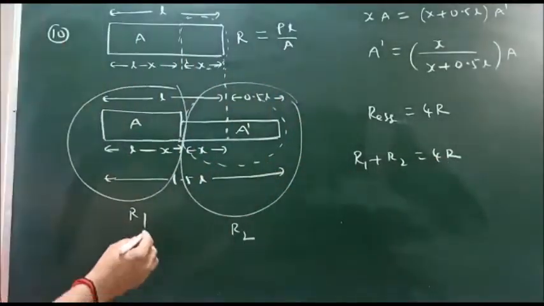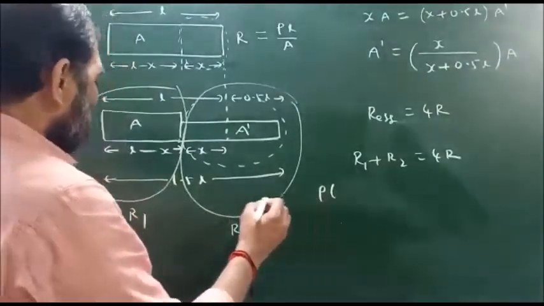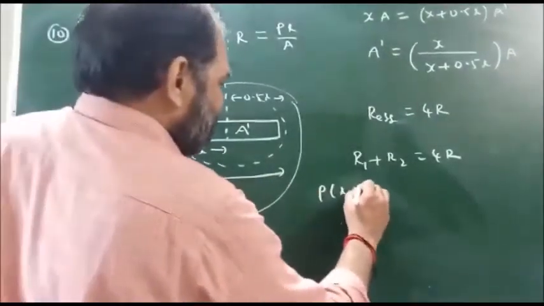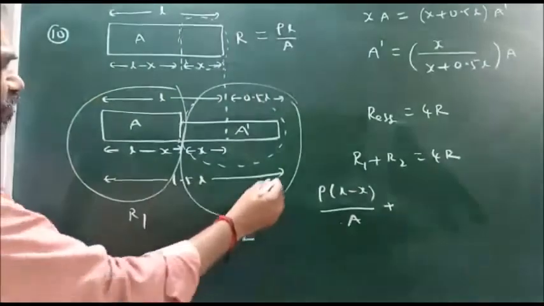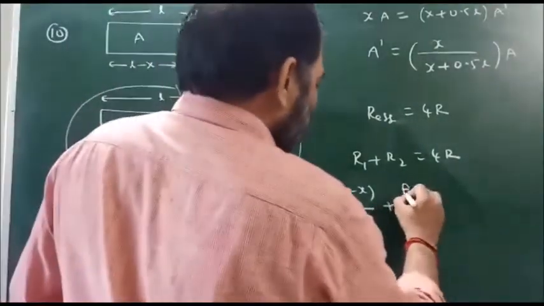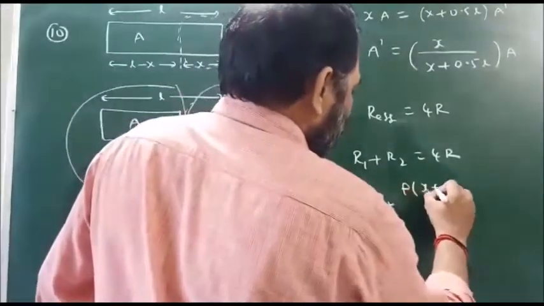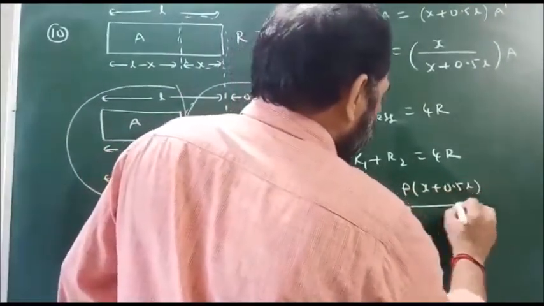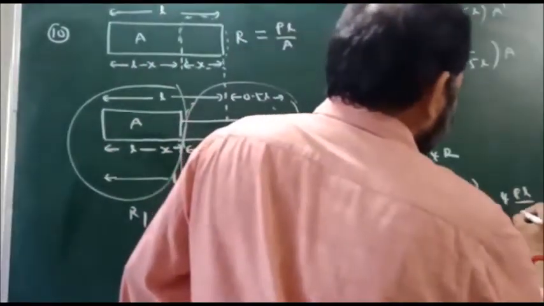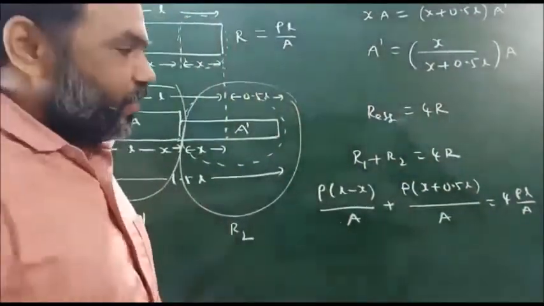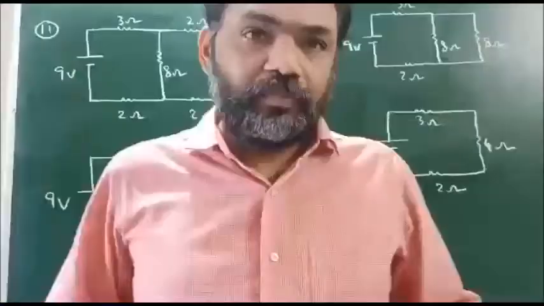Here R1, the resistance of the unstretched part, is rho into (L minus X) by A, plus R2, the resistance of the stretched part, is rho into the length of the stretched part, X plus 0.5 L, by A, equal to 4 into R, where R is nothing but rho L by A. By solving, we get X is equal to L by 8.